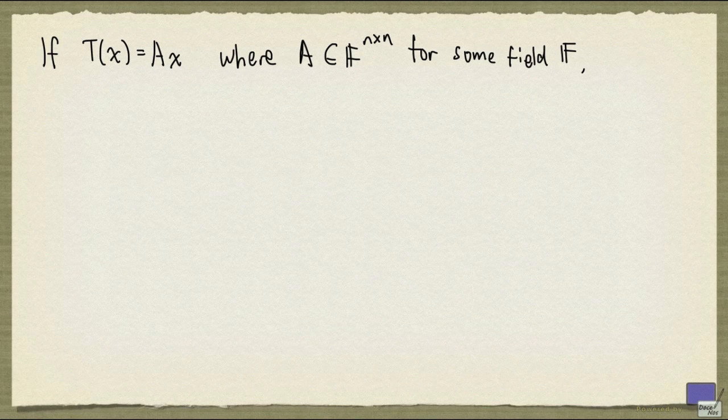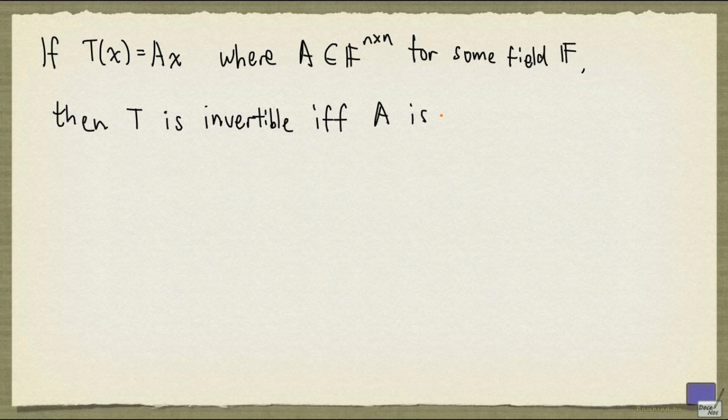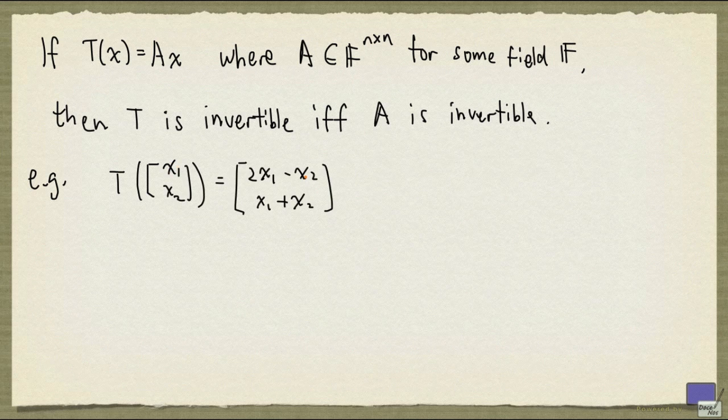Finally, if you have a linear transformation T given by T of x equals A times x, where A is an n by n matrix with entries from some field F, then T is invertible if and only if the matrix A is invertible. So for example, if we have this linear transformation here, we can check if T is invertible by making the following observation.